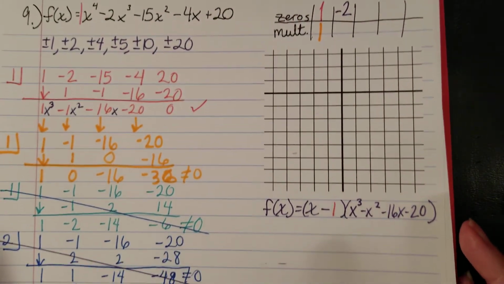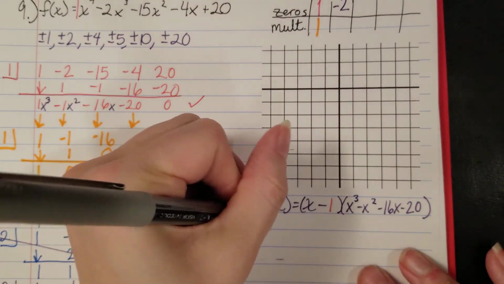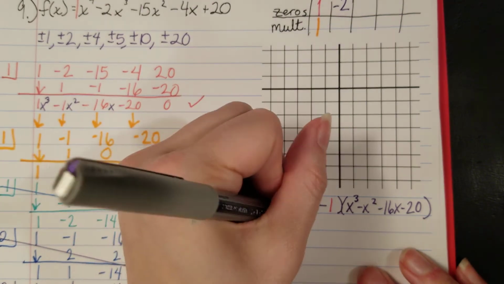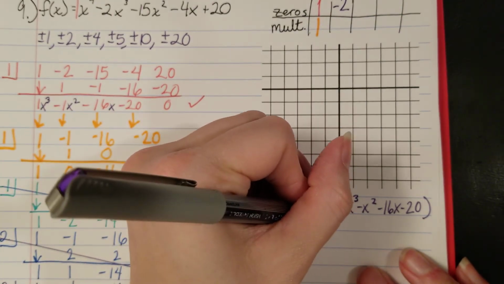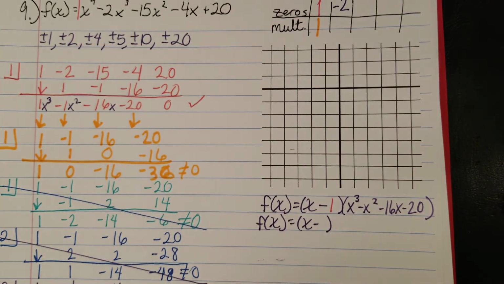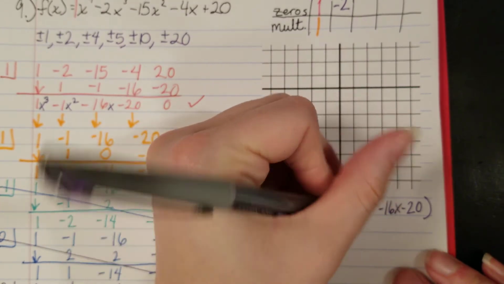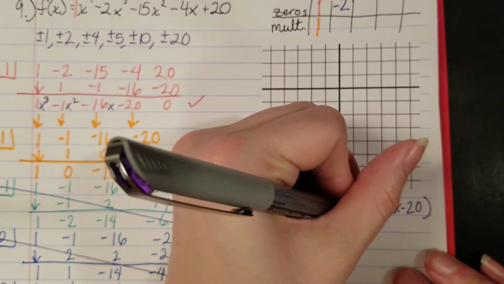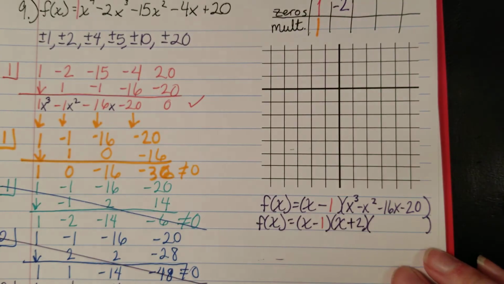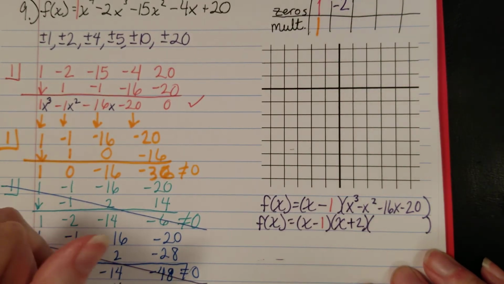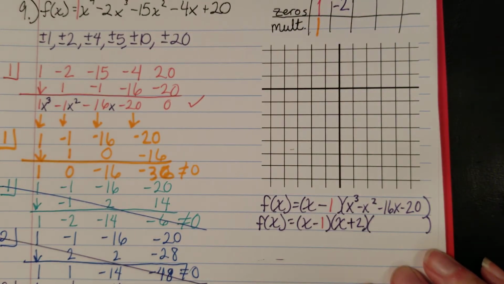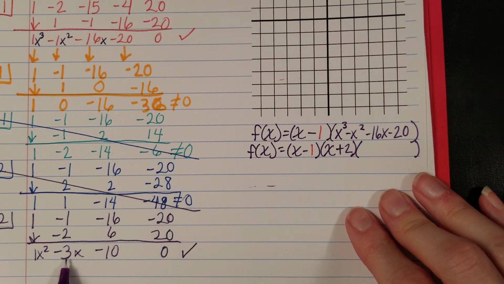All right, so now we can continue the factoring. So we know we have x minus 1. Then we know we have x minus -2, which is, in other words, x plus 2. Then what we have left is x squared minus 3x minus 10.